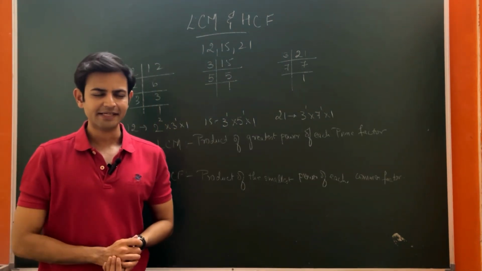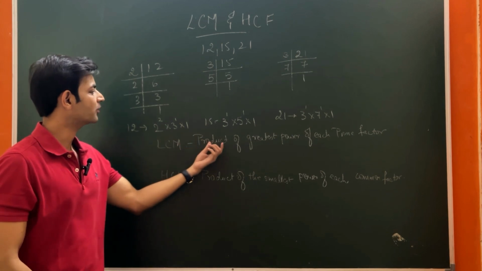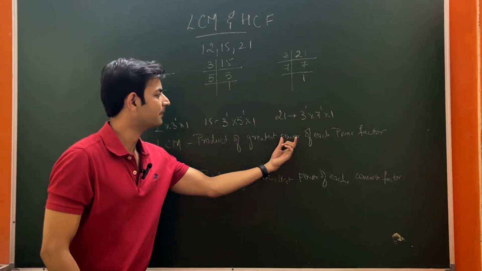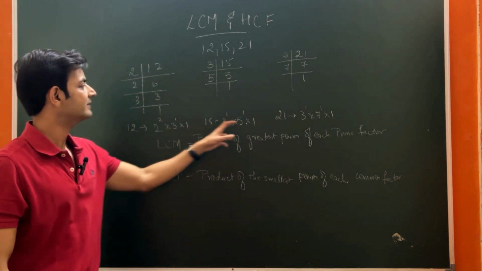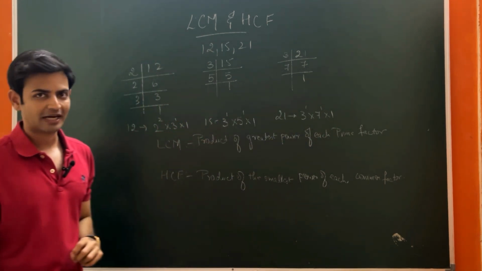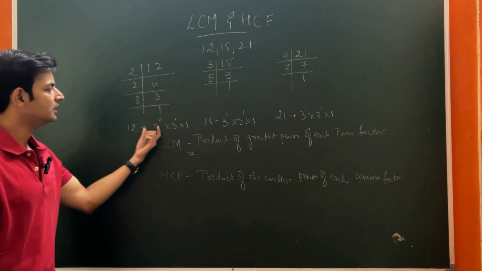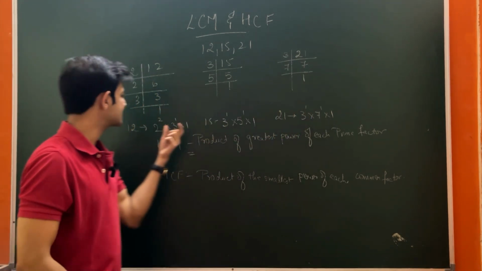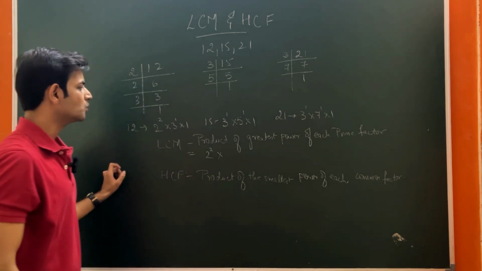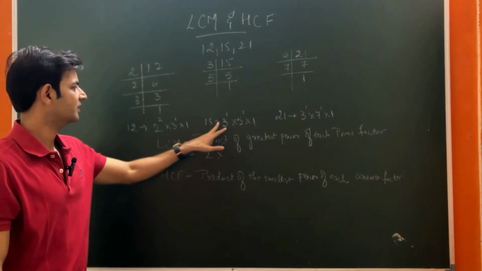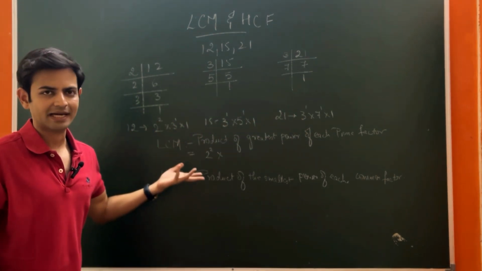Now for calculating the LCM, always remember that LCM is the product of the greatest power of each prime factor. Here we have 2, but we don't have it in the others, so we'll take the greatest power here, that is 2 square, into 3 to the power 1, which is the same in all of them, so 1 is the highest power.